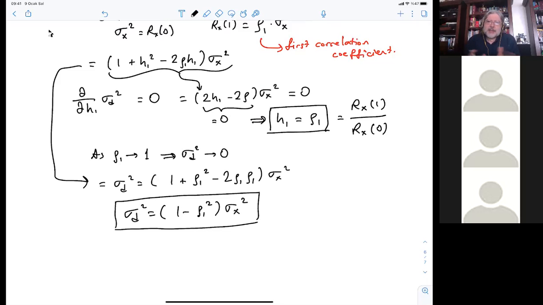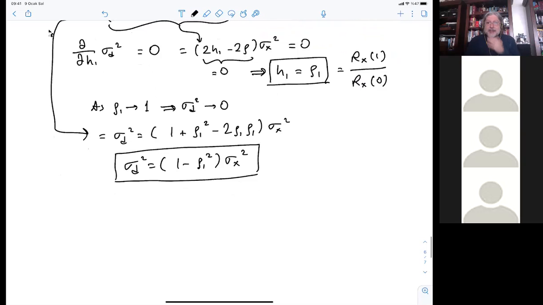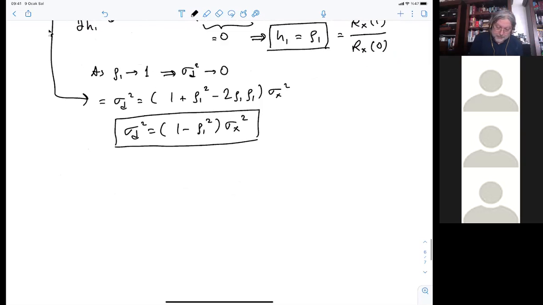So that means a negative correlation is also a strong correlation. The only bad correlation is zero correlation, uncorrelatedness. If you have an uncorrelated sequence, you cannot make predictions from the past samples, of course. So that was the first order predictor.